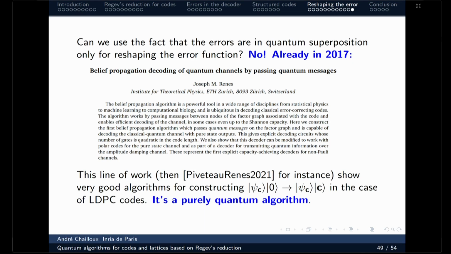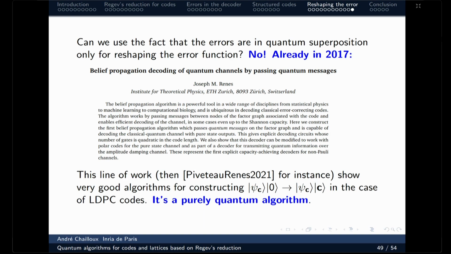They really send quantum messages and so on. And you have something much more powerful that we couldn't achieve with just reshaping and classical decoders, right? So this is maybe the only example of a really quantum algorithm that solved this decoding problem of errors in quantum superposition.